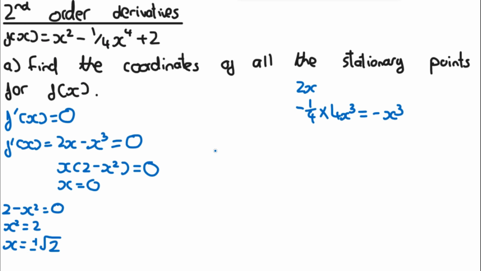the y coordinate. So f of 0 is equal to 0 squared minus a quarter, 0 to the power of 4 plus 2, which is just going to be 2.